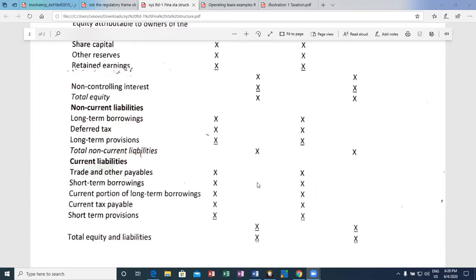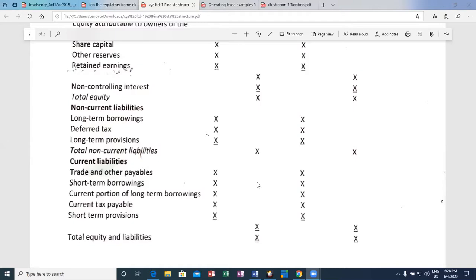We have the non-current liabilities. Non-current liabilities are those financial obligations that will involve the company paying or giving out resources for settlement over a period beyond 1 year. Then the opposite, the short-term obligations that will have to be settled within the next 12 months, are termed current liabilities.